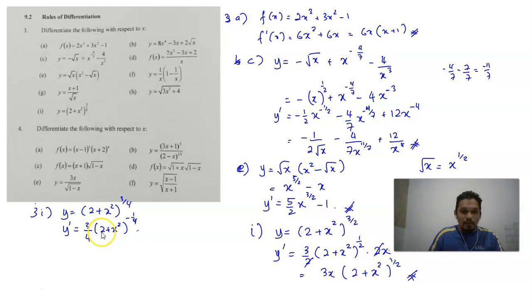Differentiate 2 equals 0, x squared equals 2x. So 2 and 4 here become 2. Then we have 3x over 2, and then (2 plus x squared) to the power of negative 1 over 4.